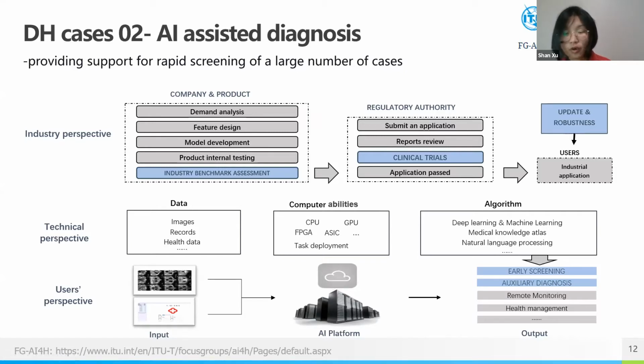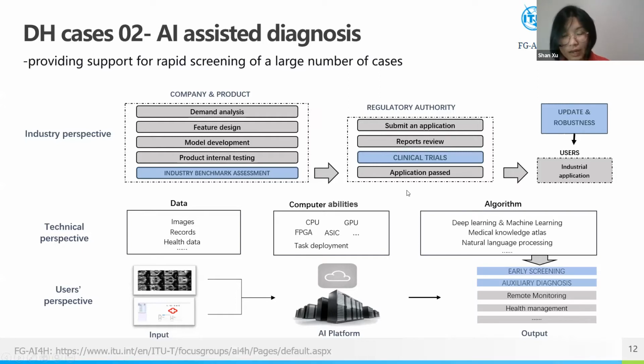And we also have another perspective, which is that in the industry, we also have to do it in the regulation way, to comply with the regulation requirements. For example, the benchmark assessment and also the clinical trials.